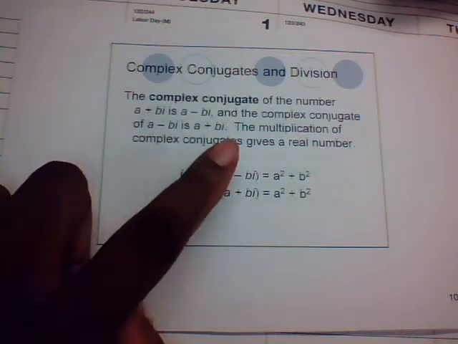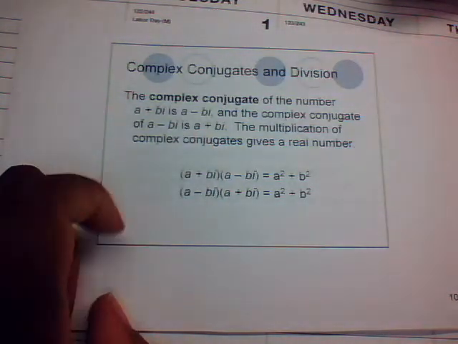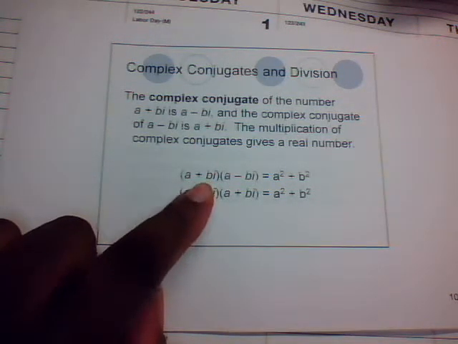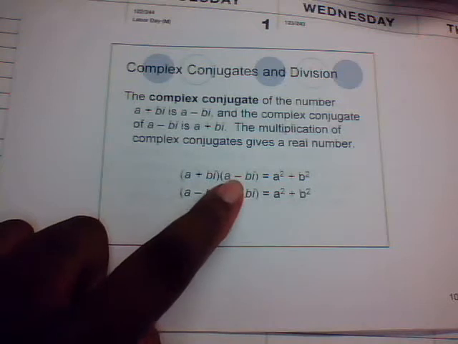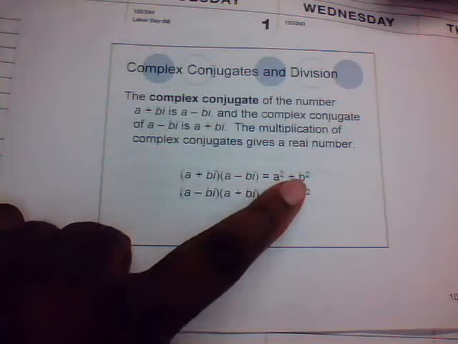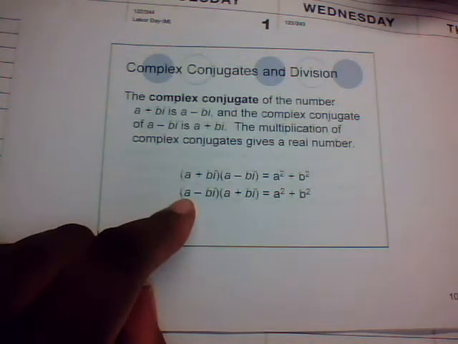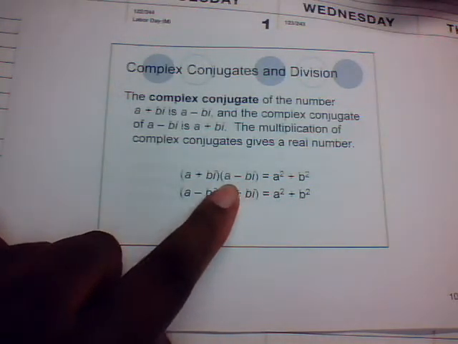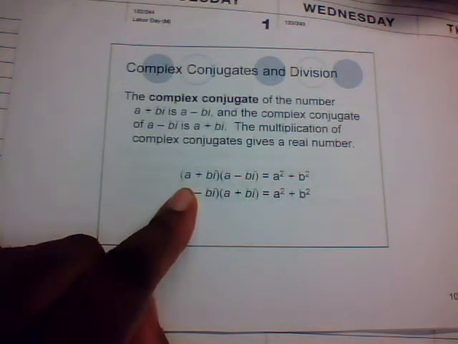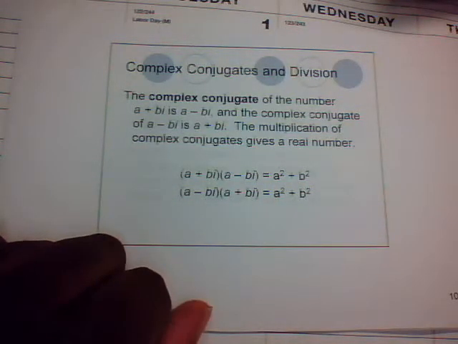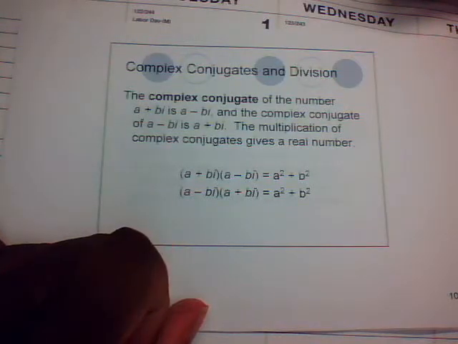Now if you multiply complex conjugates together, you're going to get a real number. Like with this one, a plus bi, if you multiply that by a minus bi, you're going to get a squared plus b squared. Now you can do the FOIL method on this if you like. You're going to see that the middle terms will cancel, and then i squared, of course, is negative 1, which will make minus b squared a plus b squared.